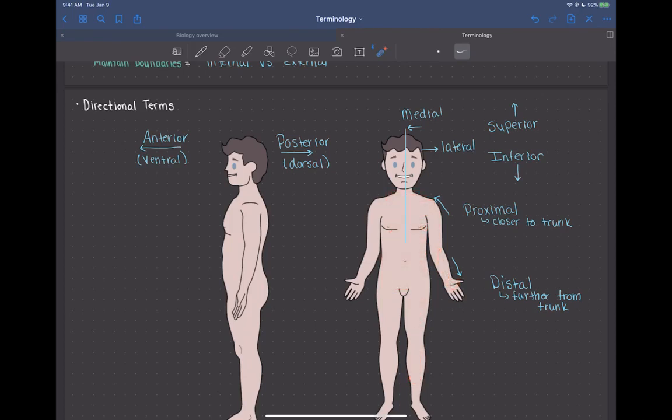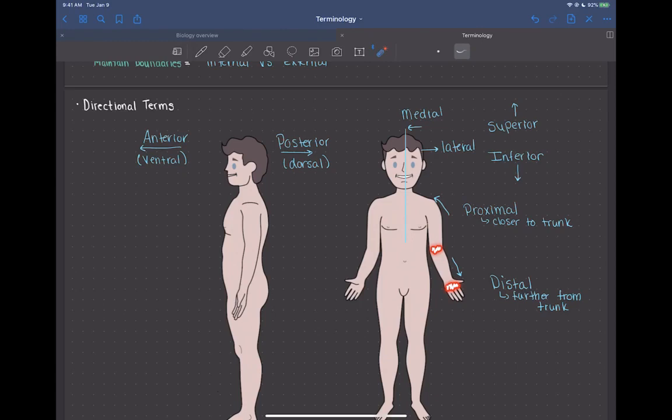When we're referring to relative parts of the arms or the legs, it is more accurate to use proximal and distal than superior and inferior. Let me give an example. Say we compare the palm of the hand to our antecubital region, the crease of the elbow.